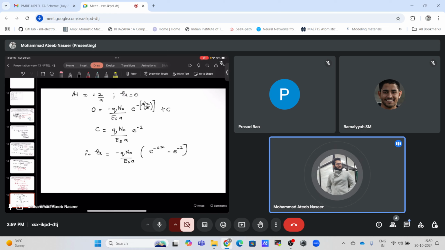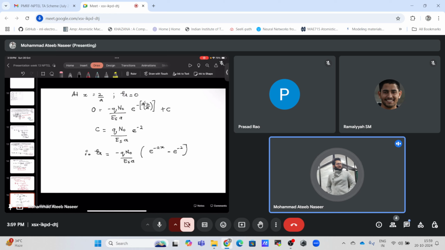Also, if I had to calculate the electric field in the region only, not its positional variation inside the depletion region, I would have just put the limit from 0 to 2 by a.